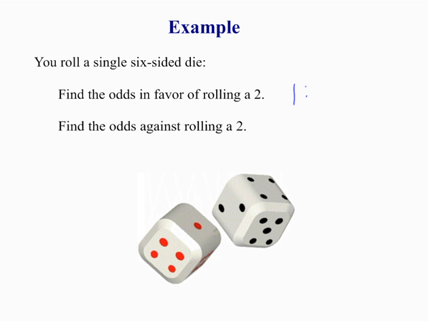There are 5 other numbers on the die that are not a 2. So our odds are 1 to 5. Find the odds against rolling a 2. Well, since we want odds against, now we're going to state the number of unfavorable outcomes, which would be the 5 numbers on the die that are not a 2, to 1, because there's 1, 2 on the die.